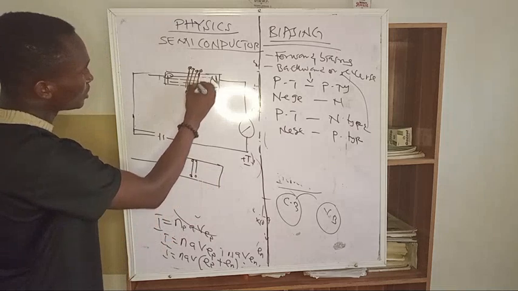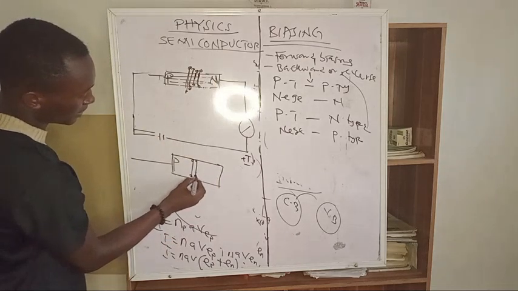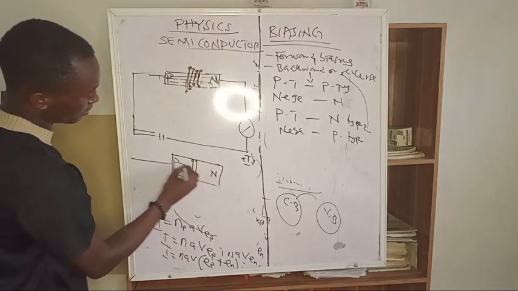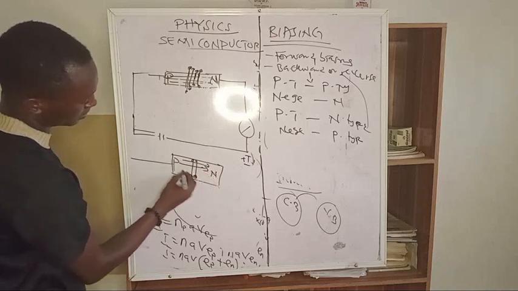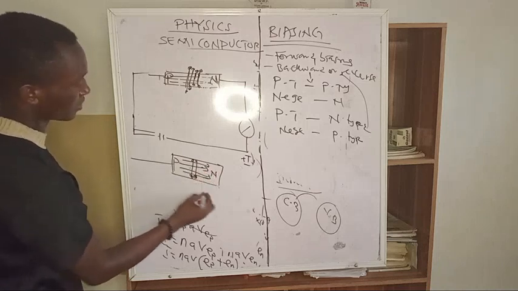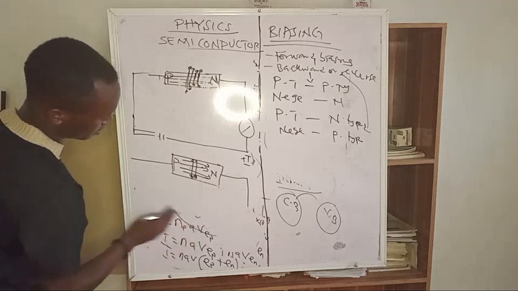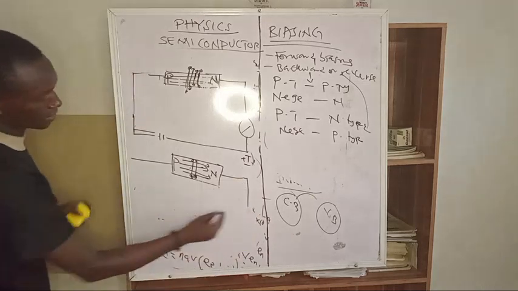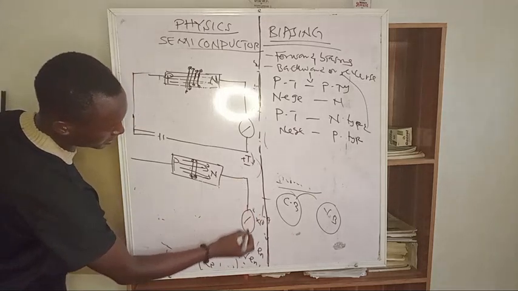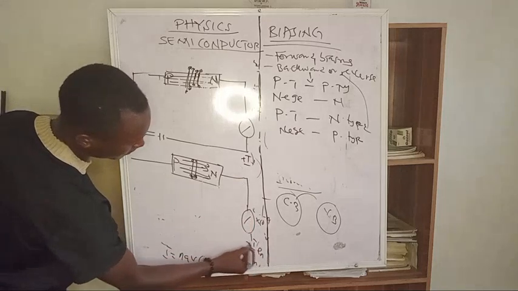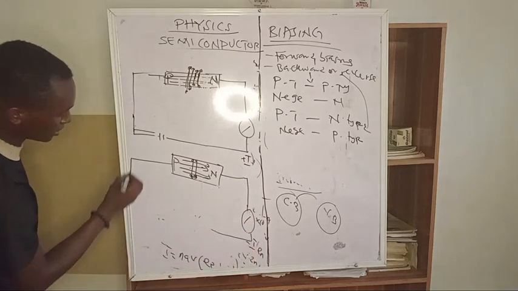This one is very bold, then this one becomes very tiny. Then this is your N type. So you have something of this nature too, the power source. Then this is your negative value. So you draw it like this.